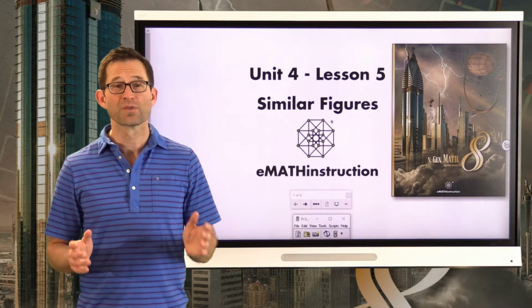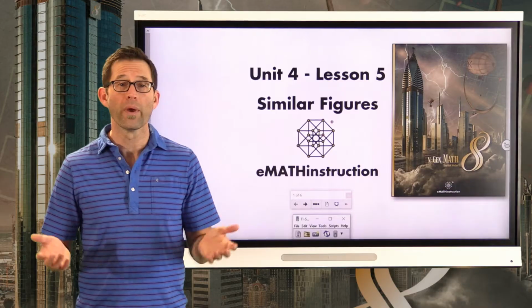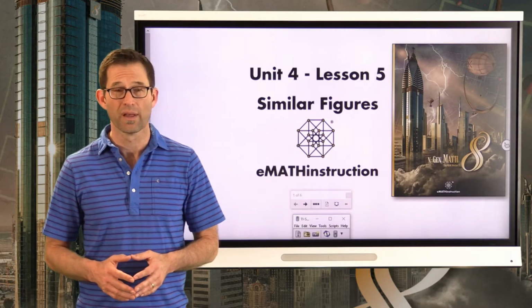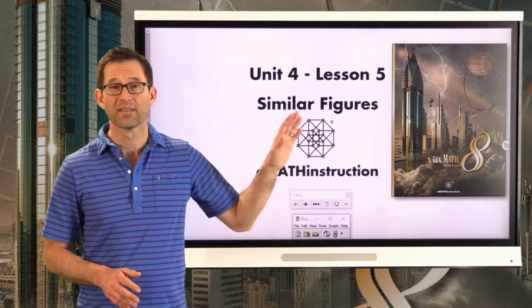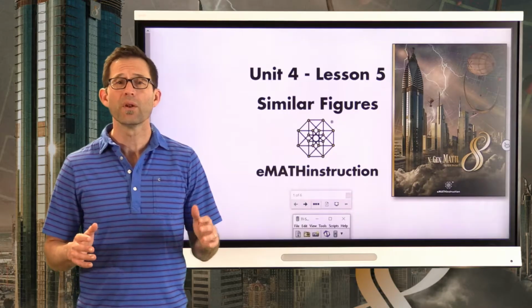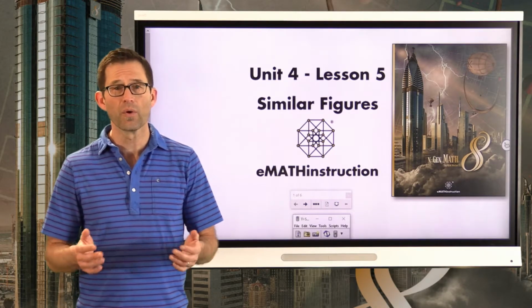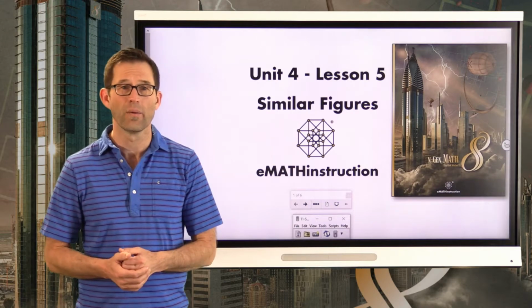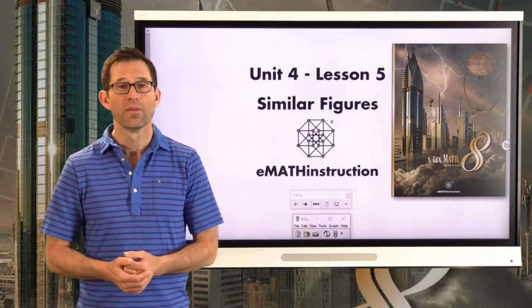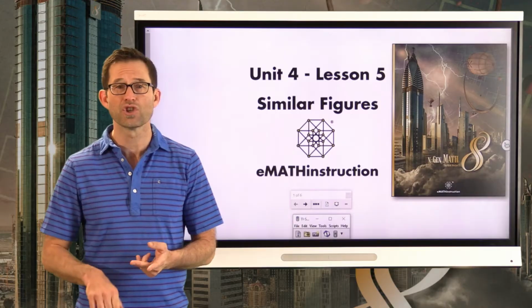Now, a little spoiler: the whole point of working with dilations in the first place is to get to similar figures. A couple of units ago we talked about congruent figures, which are two figures that are just identical. They're the same size, they're the same shape.